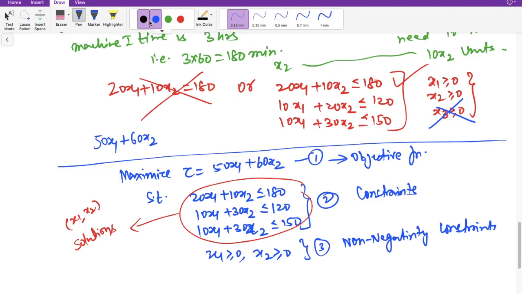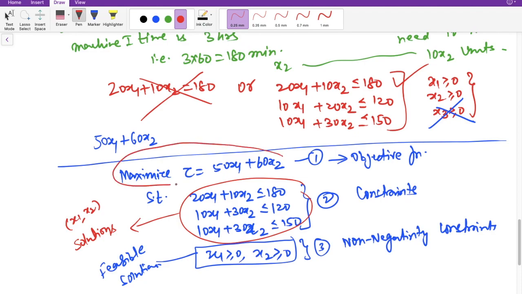Then out of these solutions, I'll filter those which satisfy 3. Those will be called feasible solutions. And out of those feasible solutions, the solution which maximizes this would be called the optimal solution.